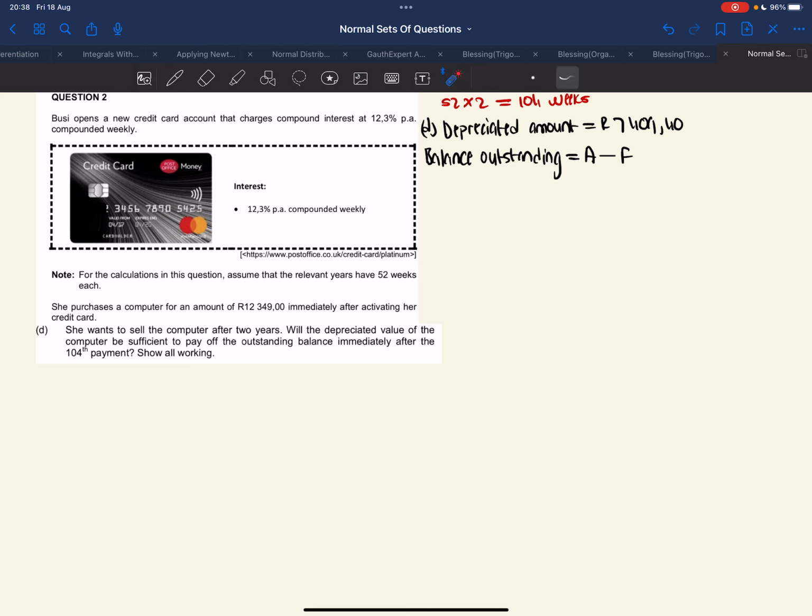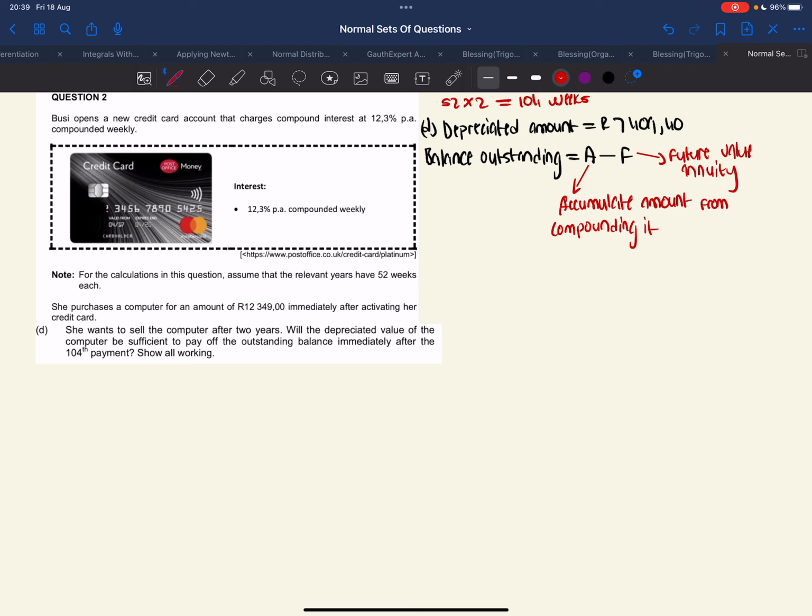So this is the accumulated amount from compounding it. And then this one is for the future value annuity.